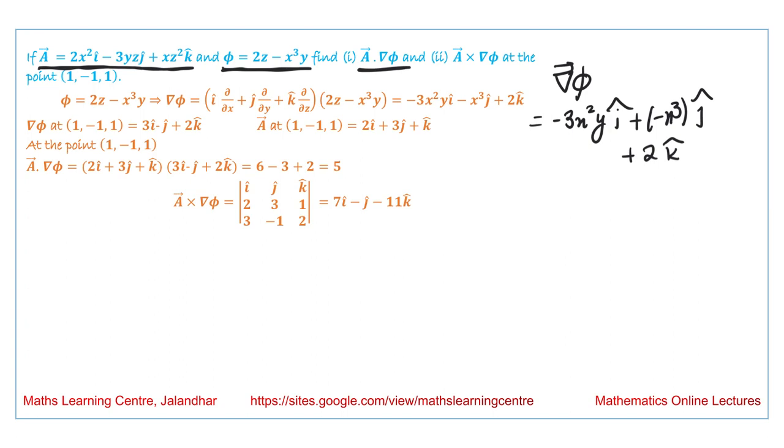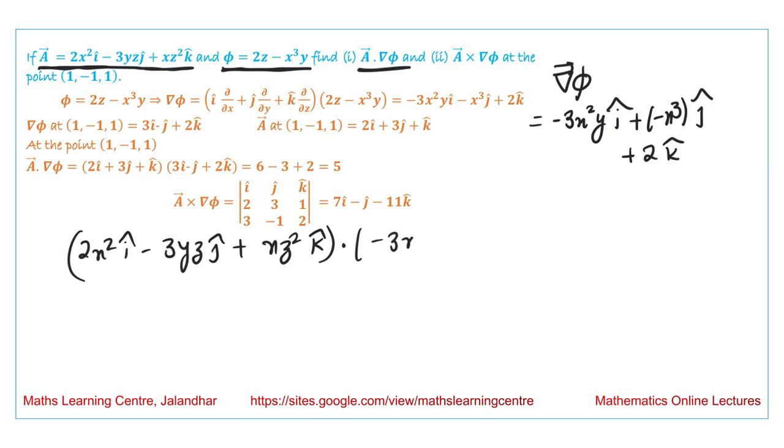Now we take the dot product with A: 2x square i cap minus 3yz j cap plus xz square k cap, dot minus 3x square y i cap minus x cube j cap plus 2 k cap.